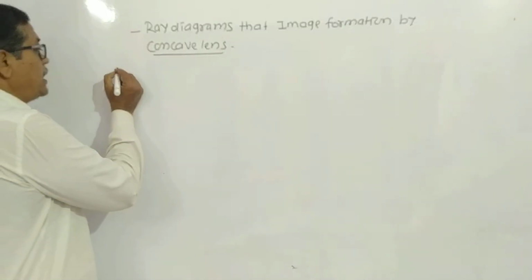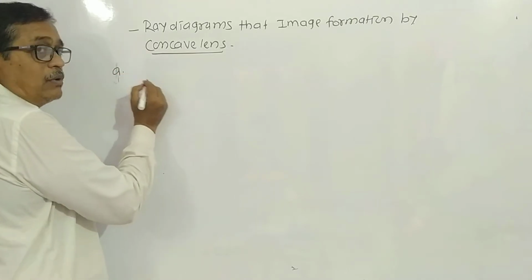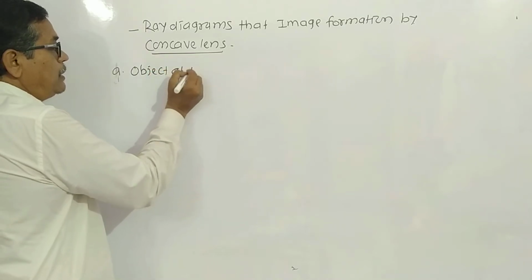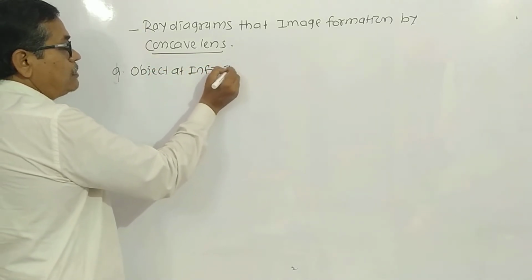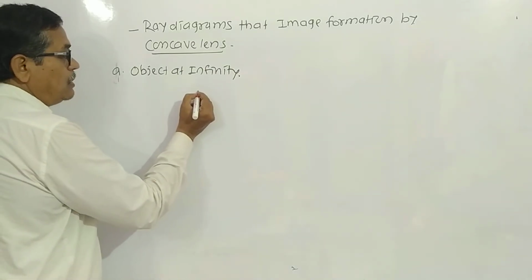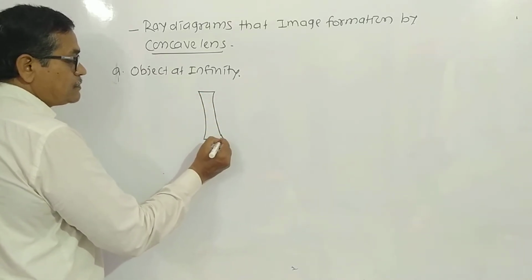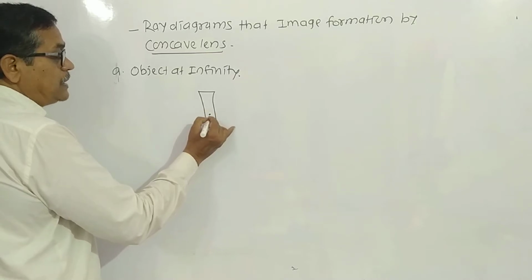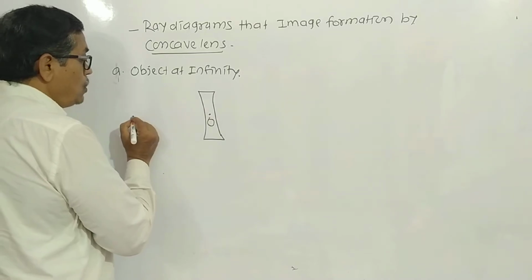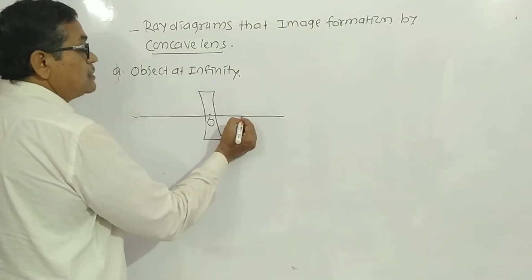Look here, first ray diagram. You are given a position of object at infinity. We can draw the diagram here. Dear student, here is the concave lens in this way. Here optical center O, then here principal axis.